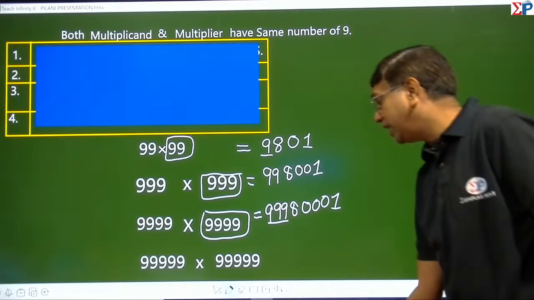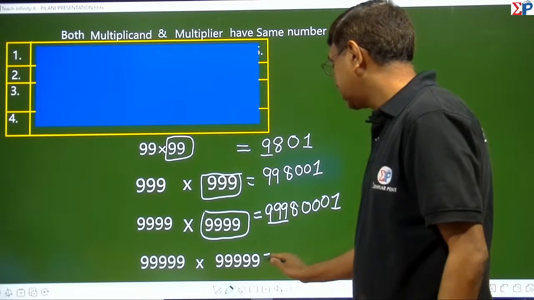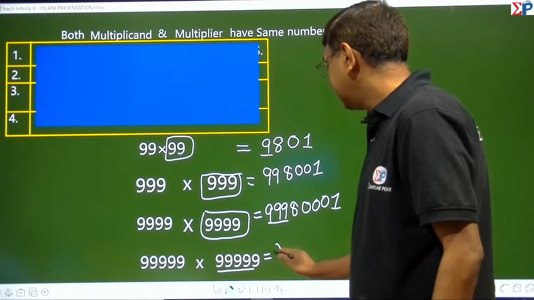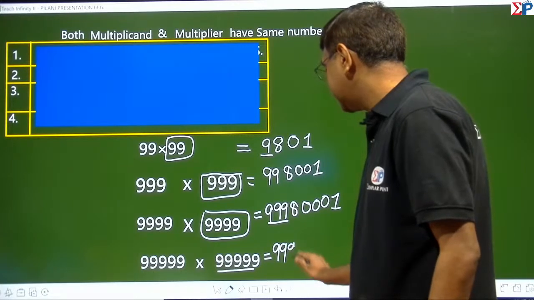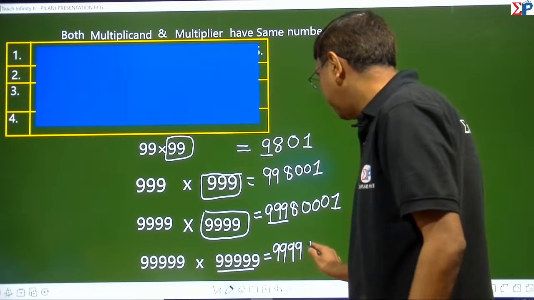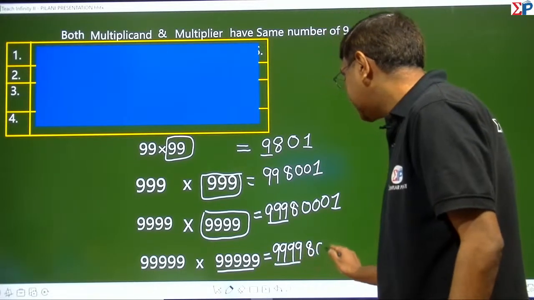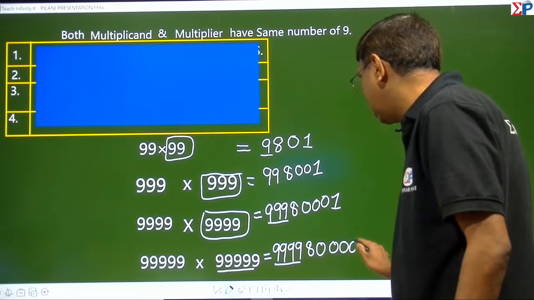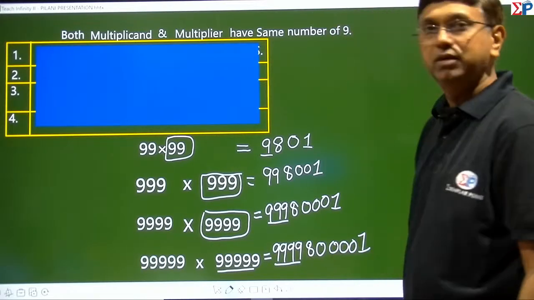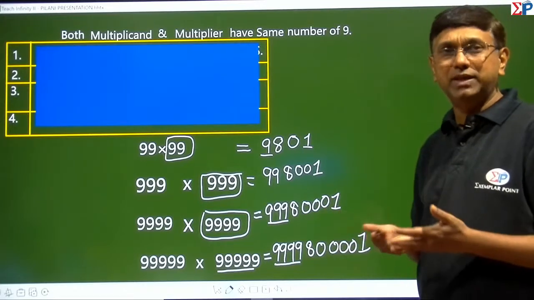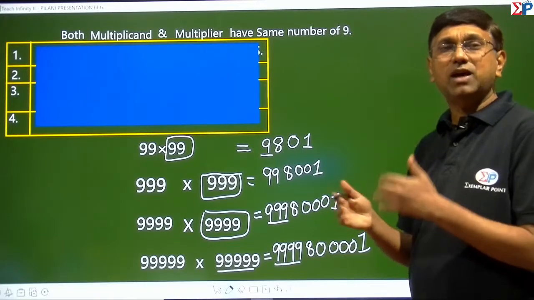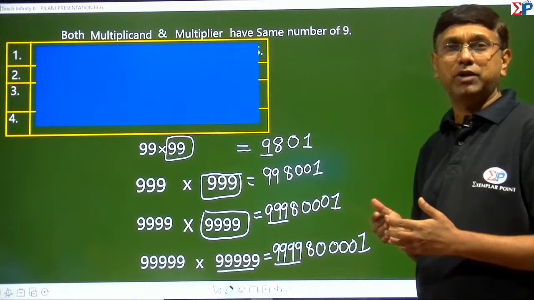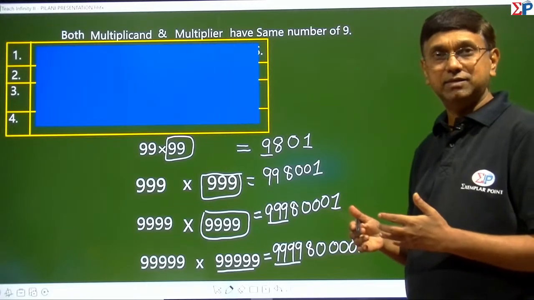Okay. And the last one, if you see, you will have 5 9s, which is just 4 9s followed by an 8, and the same number of zeros followed by 1. So that is how it goes with the 9s. That is how you multiply the same number of 9s and you get the answer.